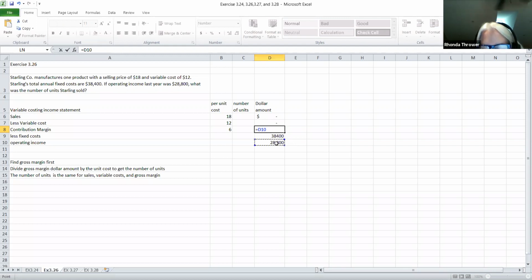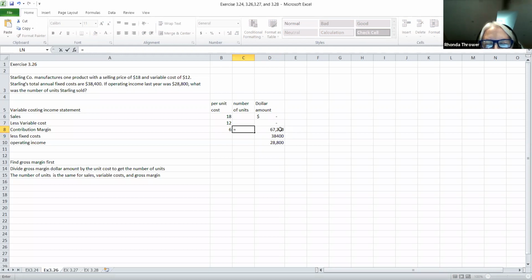I'm going to add to it my fixed cost, and that will tell you what your contribution margin would be. If you know what your contribution margin is, and you know what your contribution margin per unit is, you can find the number of units. I'm going to create a formula by hitting equal.